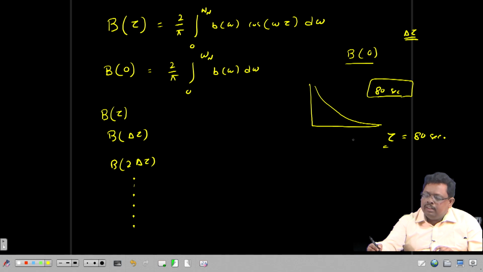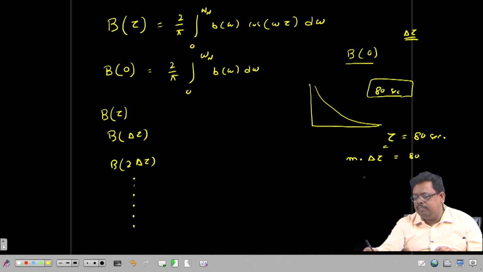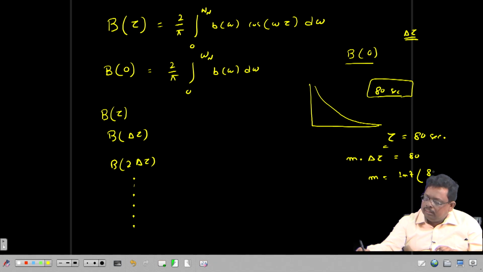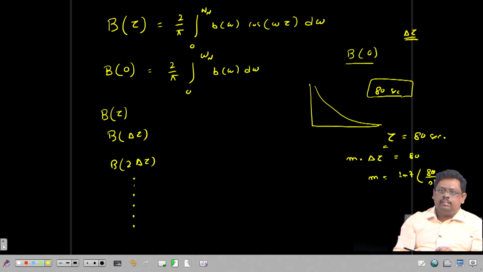From there I can get m equal to some integral value, let me write it, 80 by delta t plus 1, right. So I understand that my m is an integer.